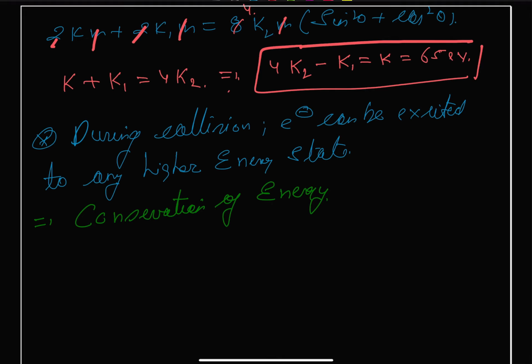So we can say that our initial energy, that is our kinetic energy only, will be equal to energy of neutron after collision plus energy of the atom after the collision plus the energy that will be released. And the value of K we already know is 65 electron volt. And we are supposed to find out what will be the possible values of our delta E.